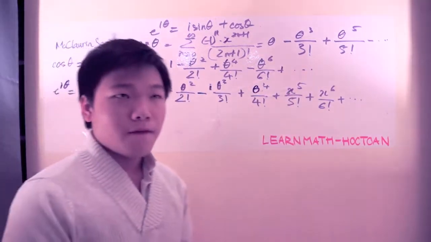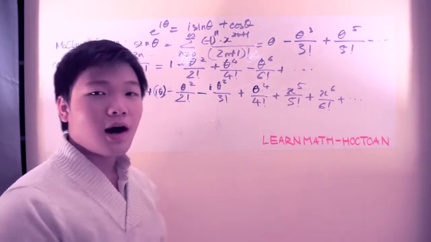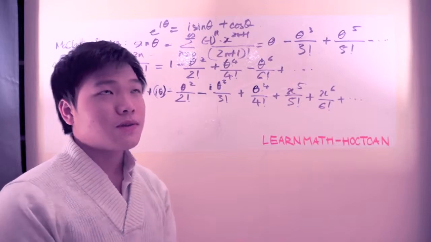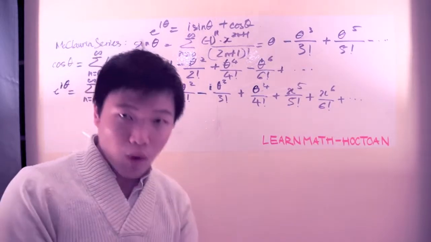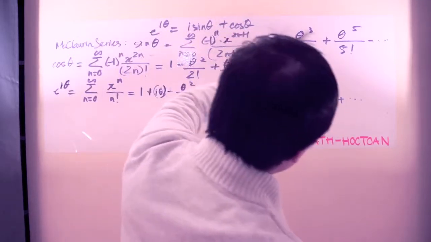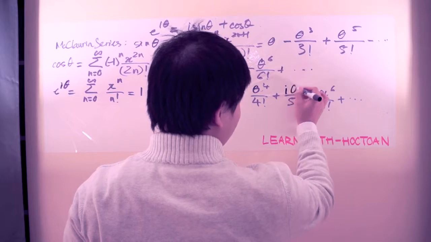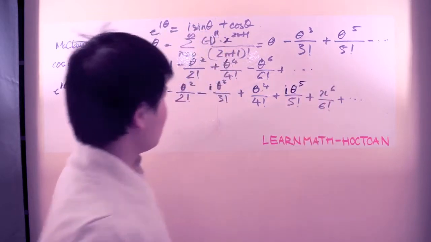What about the 5th? I to the 5th is I to the 4th times I, and I to the 4th is just 1, so we have I theta to the 5th.